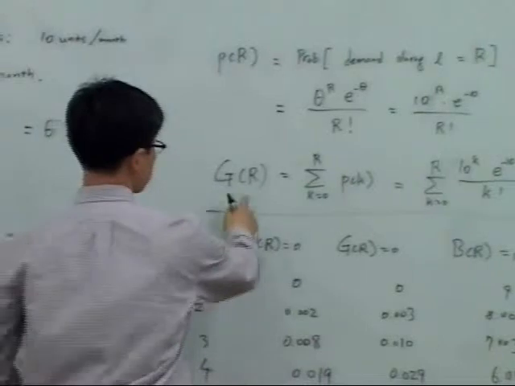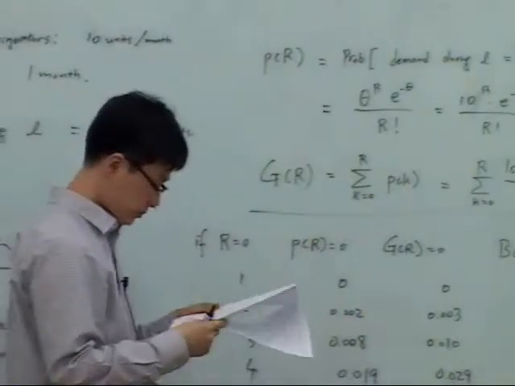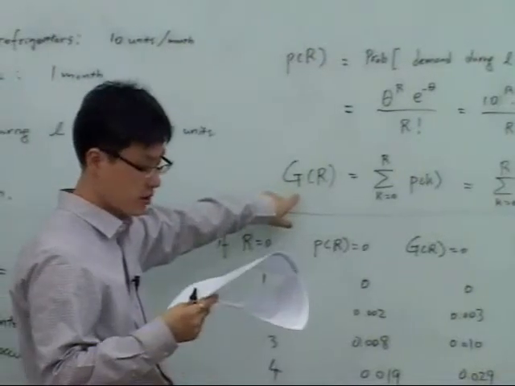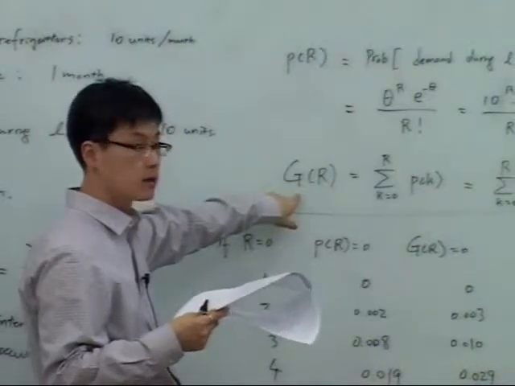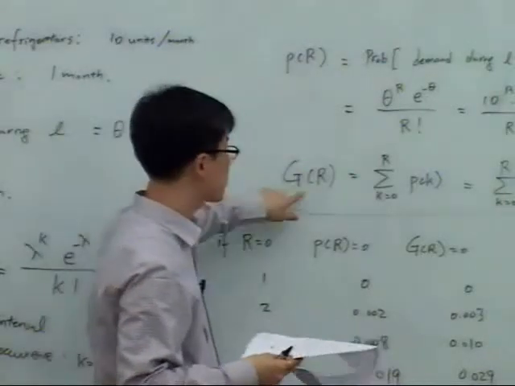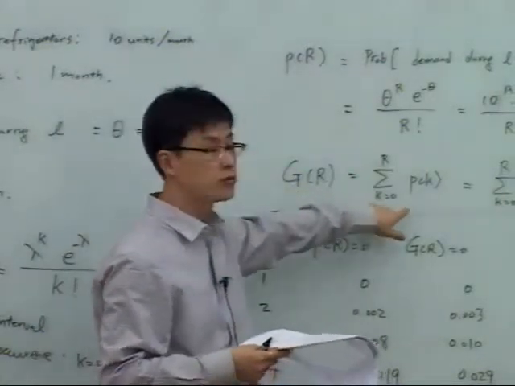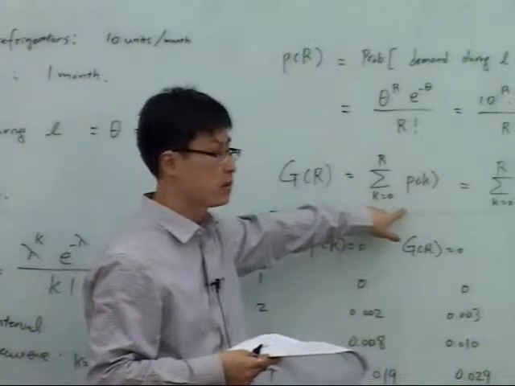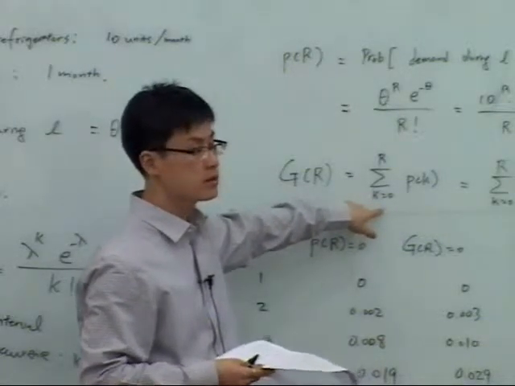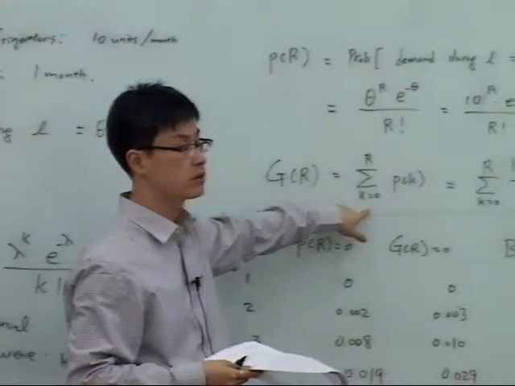And based on the definition, the large G function is a CDF. This is PDF, CDF. So what we do is the integration. Why is this a summation sign rather than an integration?